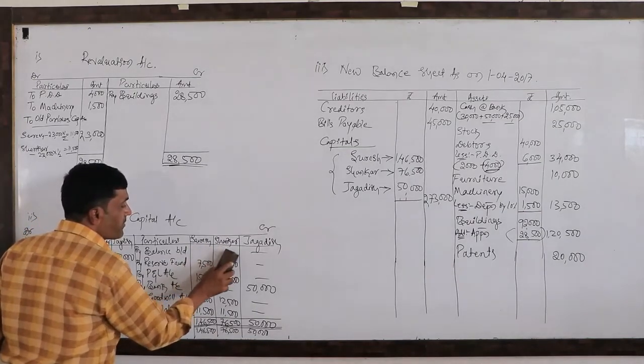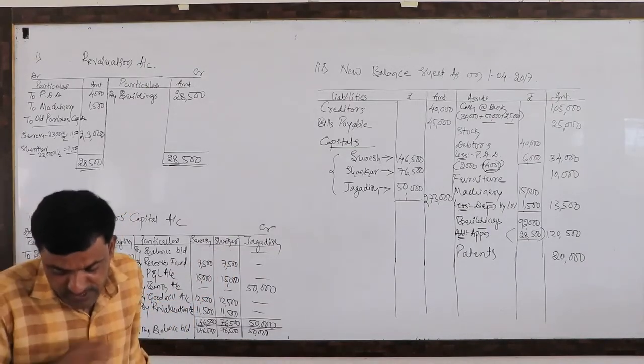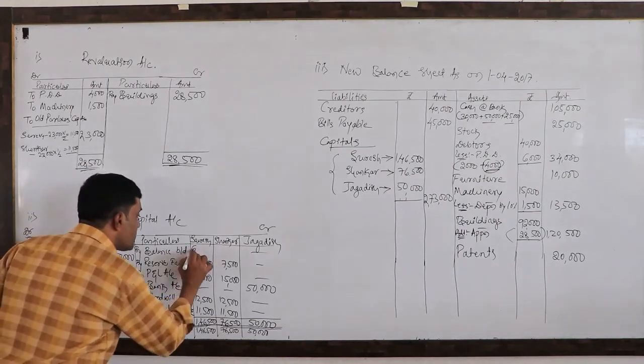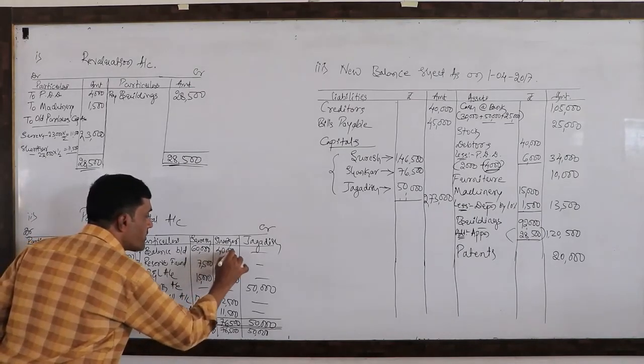The opening capitals, here they have given, are 60,000 and 40,000. Look here, 60,000 and 40,000.